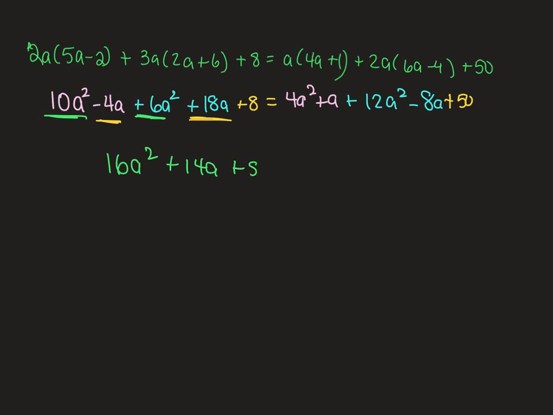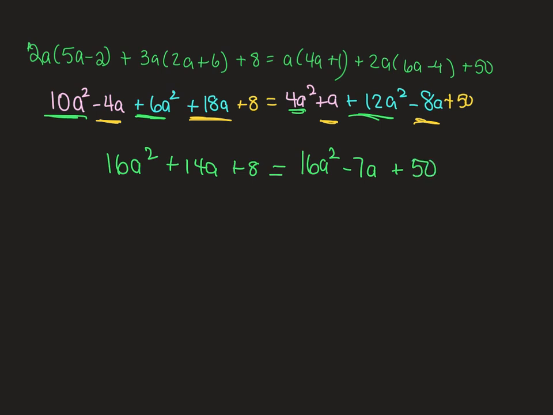I still have my plus 8. Combine like terms on the right side. Well, let's see, what have I got? I got 4a squared plus 12a squared, 16a squareds. I got an a and a negative 8a, so that would be negative 7a, and I still have my 50.